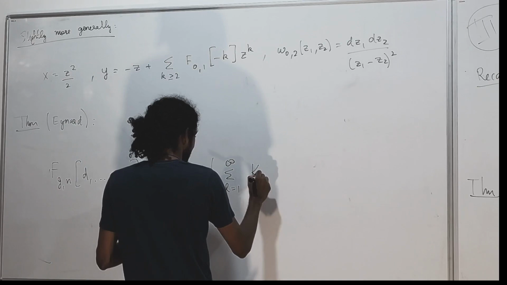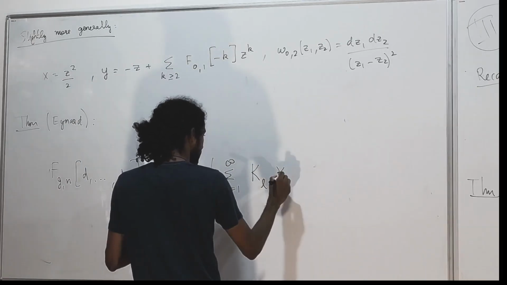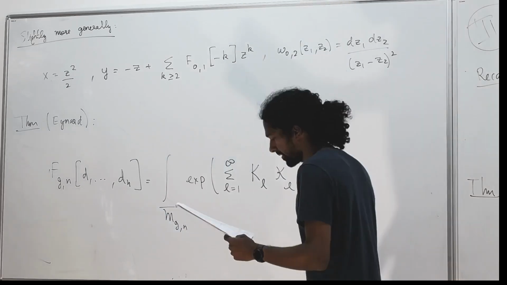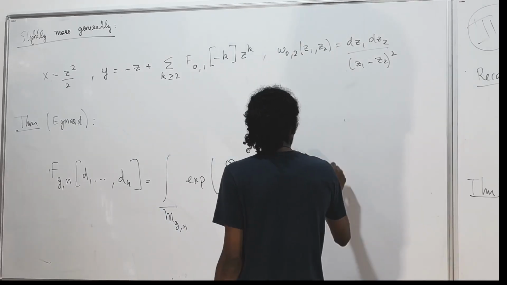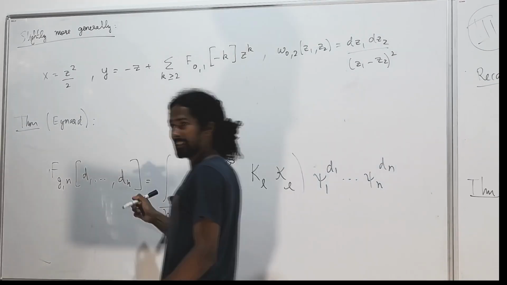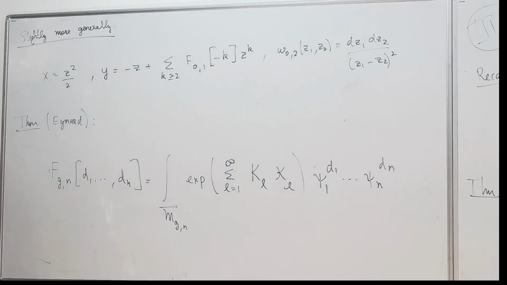So my k's and kappas are going to look a little bit similar, but this is a K_L times kappa_L. This was the exercise, or more or less.